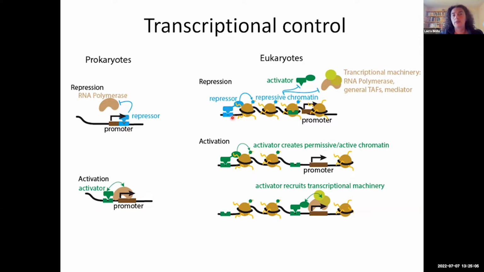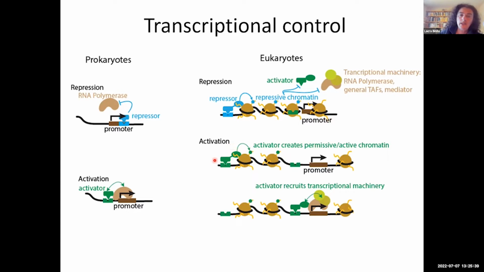Most often in eukaryotes, repressors act on chromatin to put modifications on either the histone tails or on DNA that lead, through recruitment of many complexes that I'm not showing here, to a repressive chromatin state that is generally compacted and maybe at a place in the cell that precludes access of activators and transcriptional machinery to that gene. So these are the general principles.